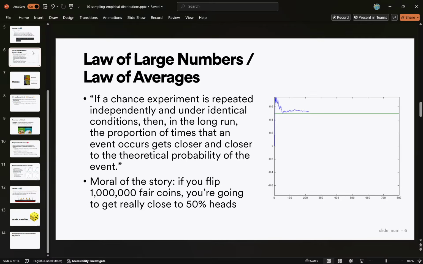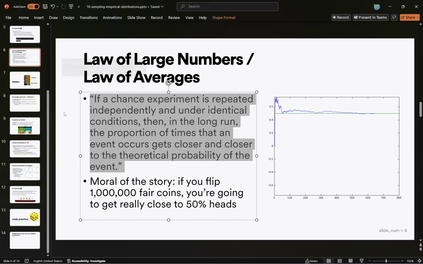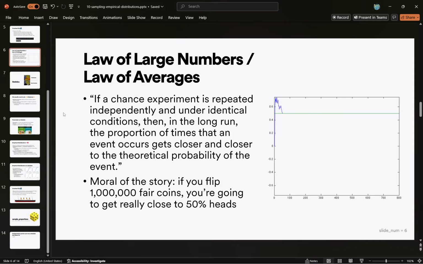It's called the law of large numbers, or the law of averages. And here's something that could be from the book. I forget exactly where it's from. I stole it, but this is a little blurb that says that, and a cute little graph that shows you something too.